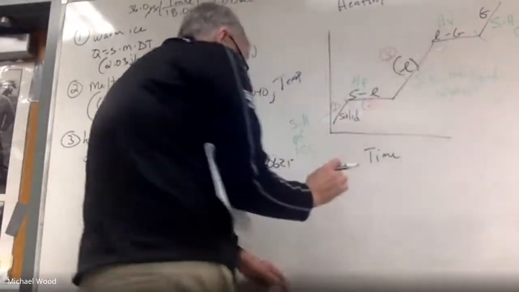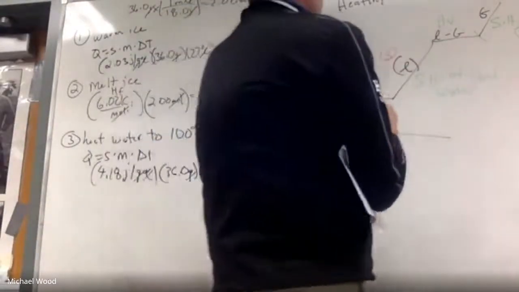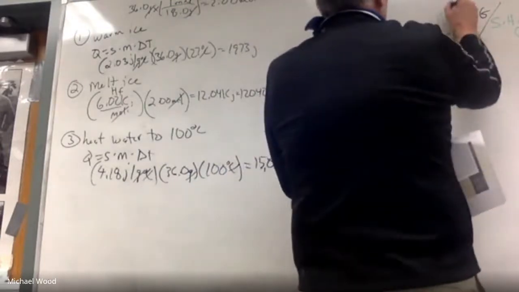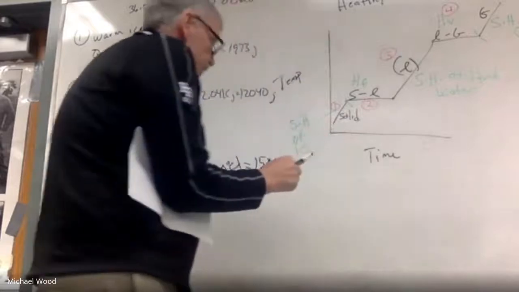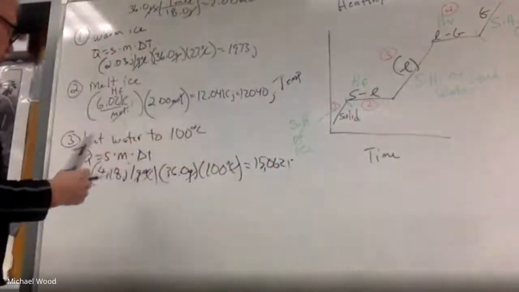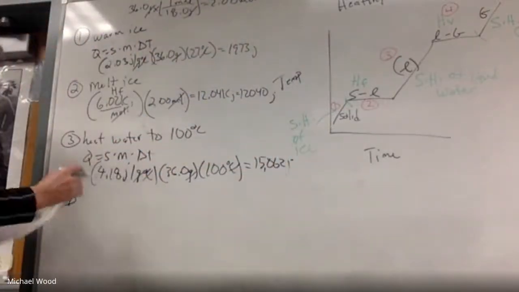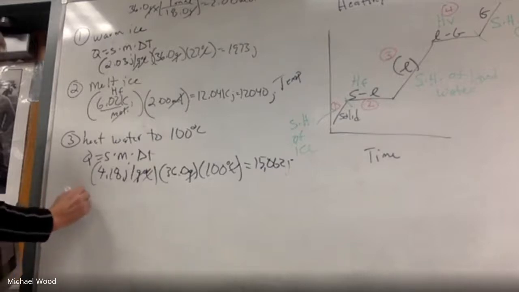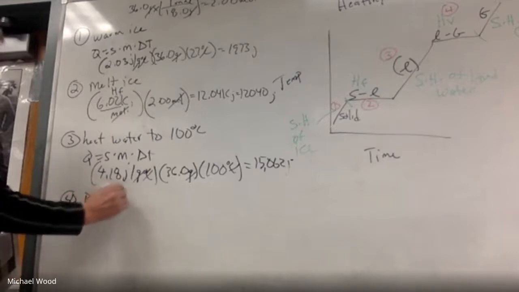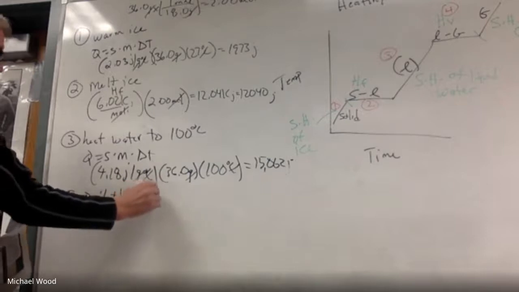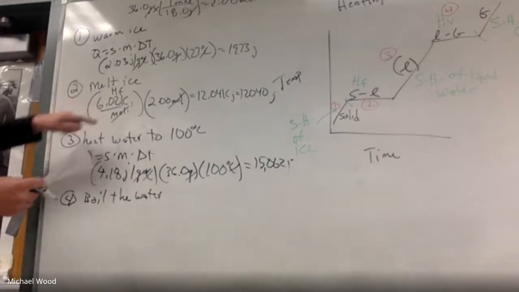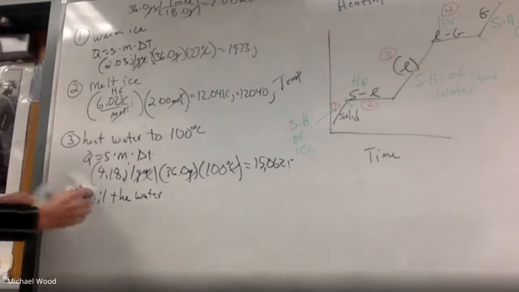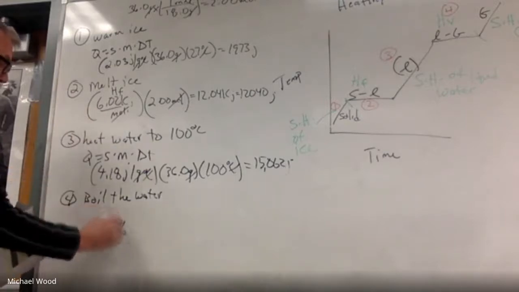Now in step 4, I'm going to evaporate the water. So now I'm going to go from the liquid to the gas. So here I'm going to boil the water. Just like here, you had to be given the heat of fusion, here you have to be given the heat of vaporization.